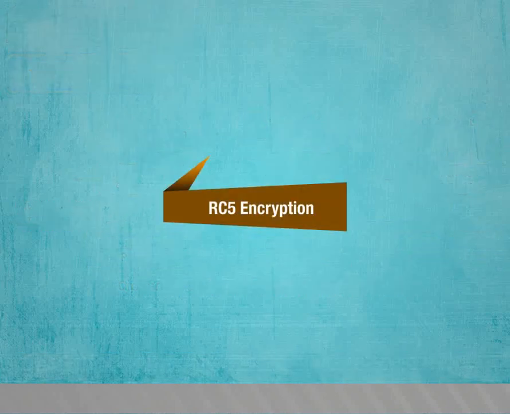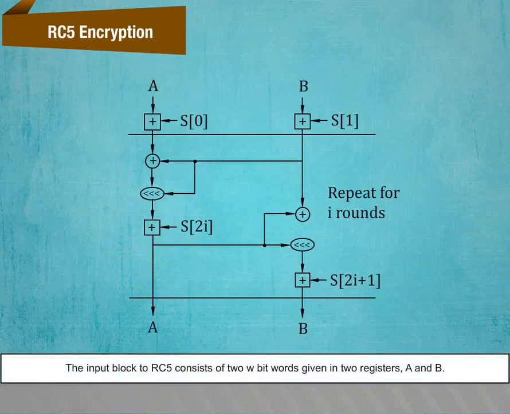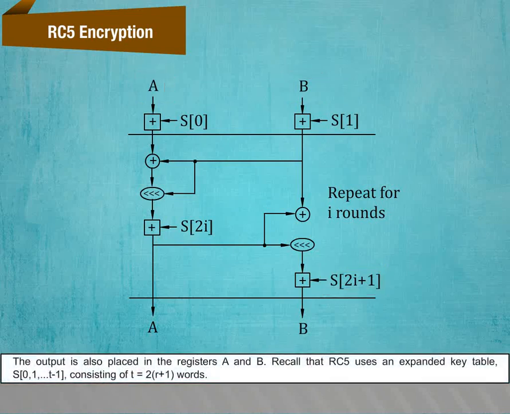RC5 encryption. The input block to RC5 consists of two W-bit words given in two registers A and B. The output is also placed in the registers A and B. Recall that RC5 uses an expanded key table S of 0, 1 and so on up to T-1, consisting of T equal to 2R plus 1 words.